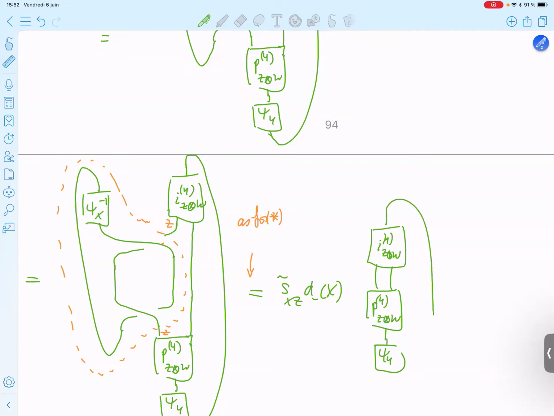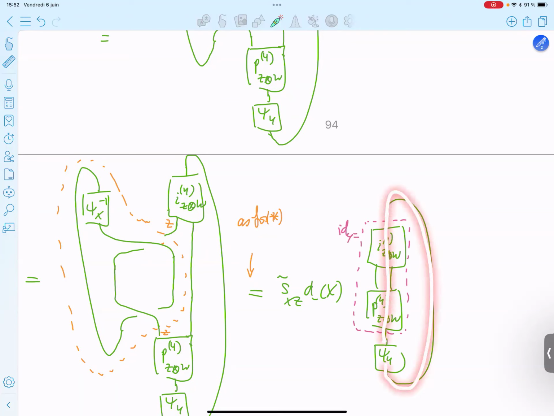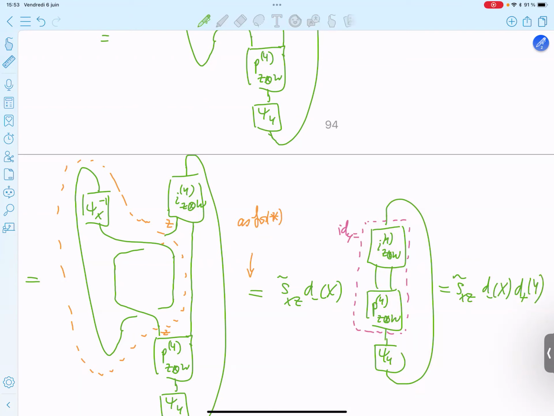But we know that this one is the identity of Y, and because it is the identity of Y, you can replace it by that. This is just a trace of Y, so the dimension of Y. So this is equal to S xz tilde, dimension minus x, dimension plus of Y. Okay.